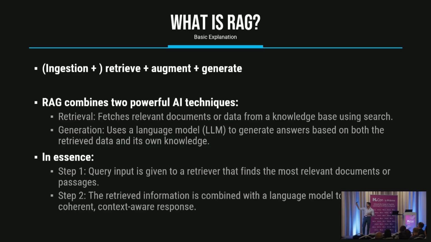The first one is the retrieval capability, and I say that it's generative AI because it mostly uses embeddings, and embeddings are the first step of a language model. And then the generation. This is easier because it usually involves a language model to generate answers based on the retrieved data and, if we want, the inner knowledge of the language model itself.